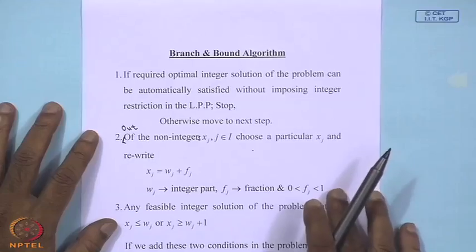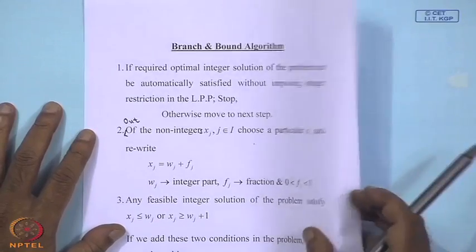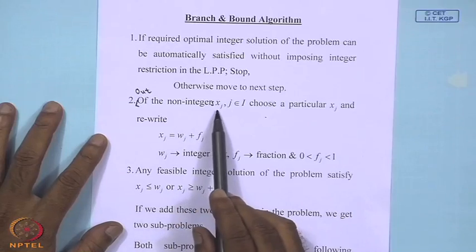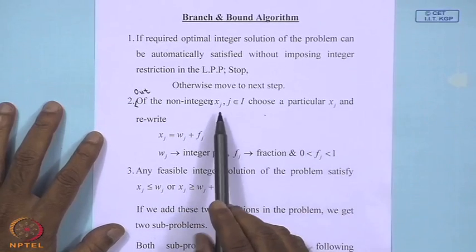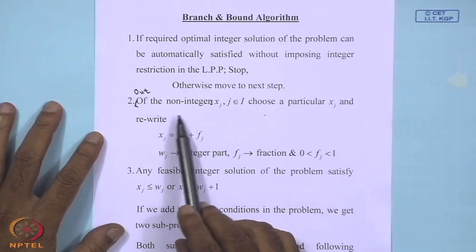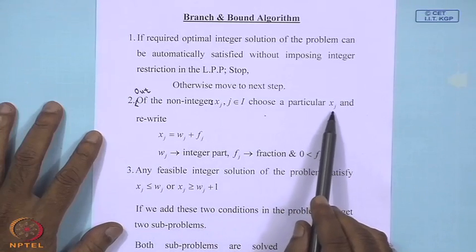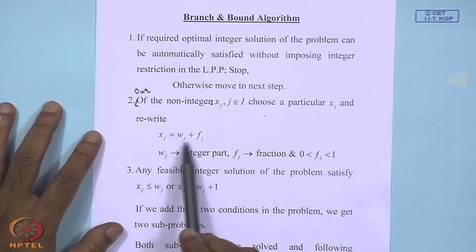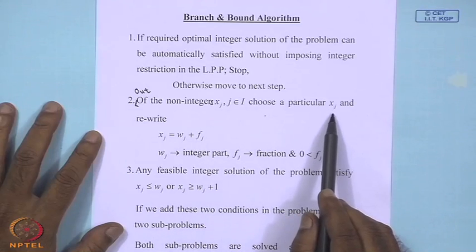Otherwise, the next step is: out of the non-integer x_j, that is, you may have more than one variable whose values are non-integers, choose a particular x_j and rewrite x_j equals w_j plus f_j. Choosing a particular x_j means the one having the maximum fractional part.